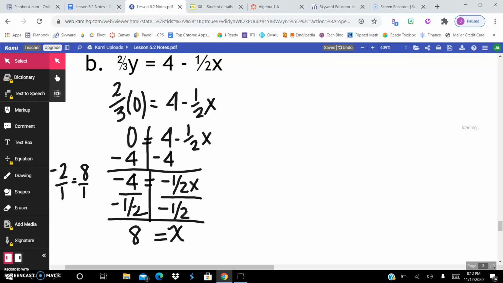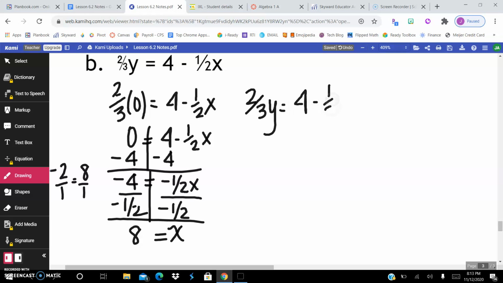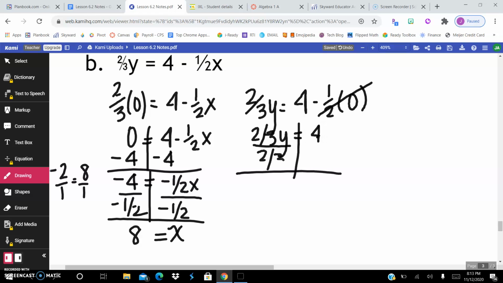And then we are going to have to do the same thing, but put a 0 in for the x. So that would cancel out, and we would have 2/3 y equals 4. And we would have to divide by 2/3.